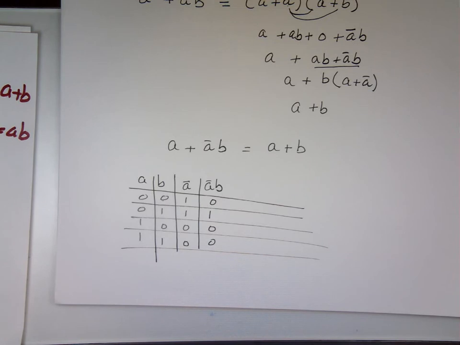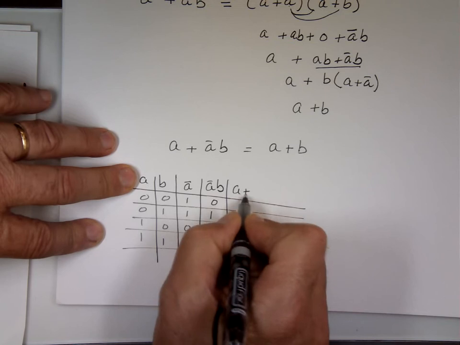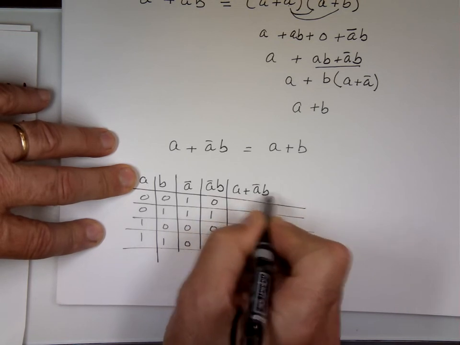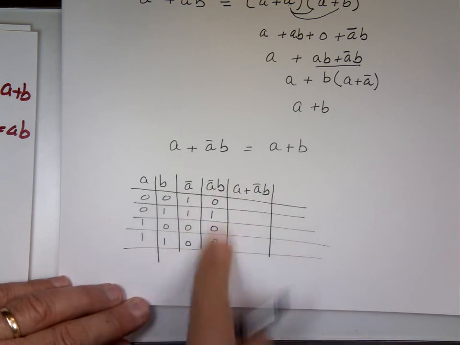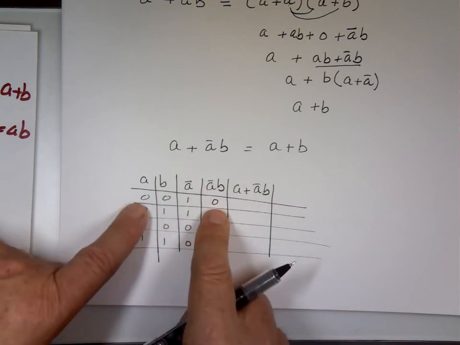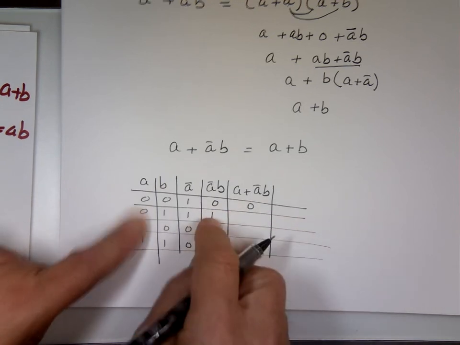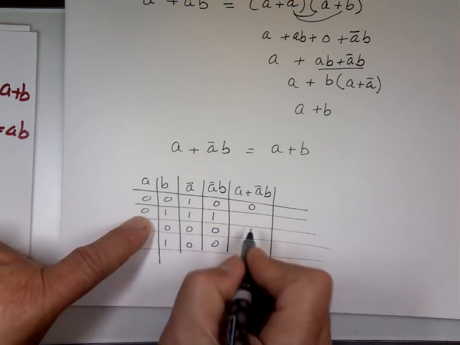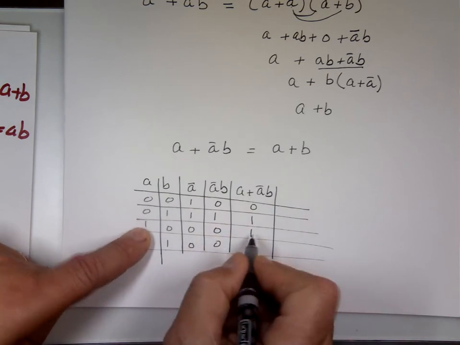What is A plus A bar B? This is A bar B, this column. This is A, this column. What is 0 plus 0? 0. What's 0 plus 1? 1. What's 1 plus 0? 1. What's 1 plus 0? 1.